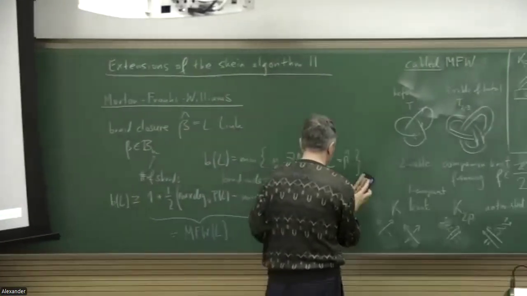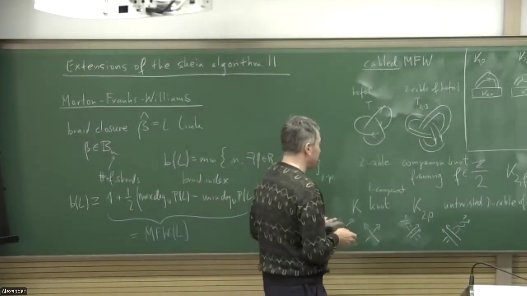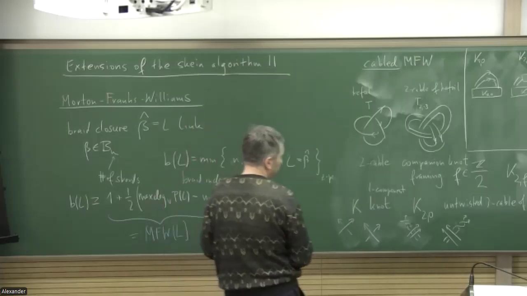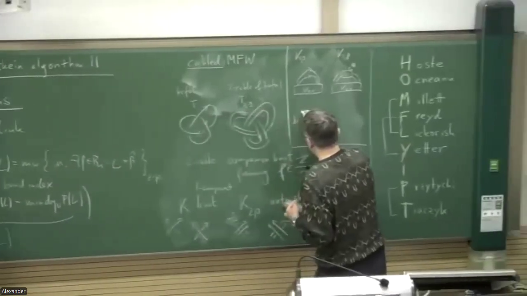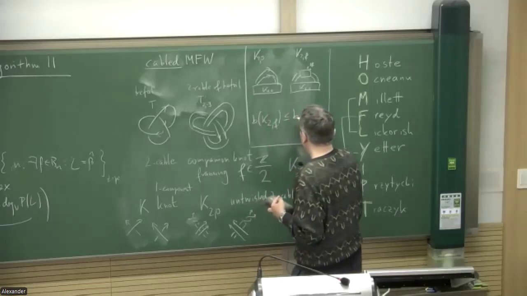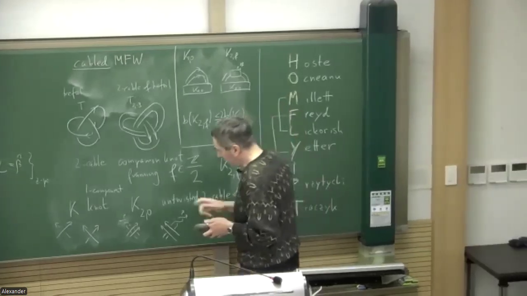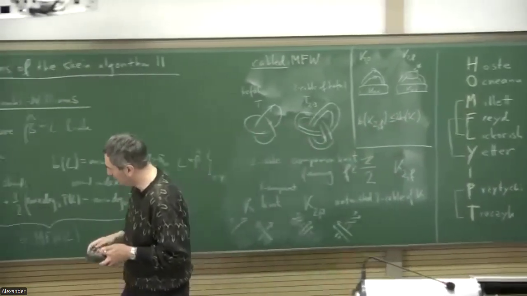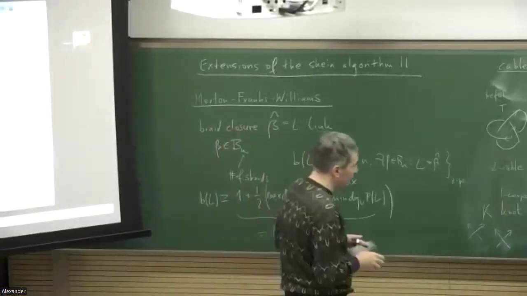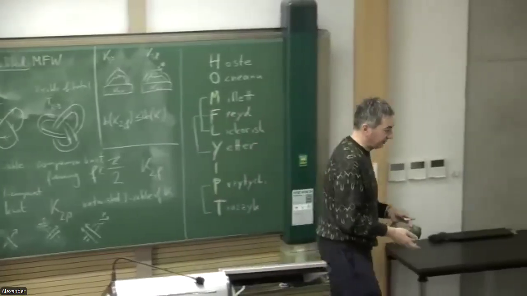The reason why you consider it here is that it is very obvious the braid index of K_{2,F} is less than or equal to 2 times the braid index of K for every F. In fact, Birman and Menasco prove that this is an equality, but in this situation it's more important just to see that it is less than or equal, simply because you can cable a braid.